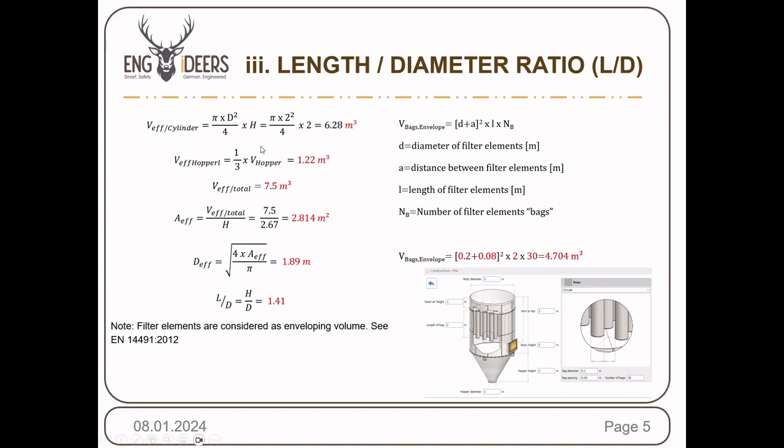For this, especially the length over diameter ratio, there are certain rules which need to be applied. First of all, we need to calculate the volume of the cylindrical part, and we will usually exclude the clean air side, because it doesn't take any part in the explosion itself, because usually the explosion only happens on the raw gas side.